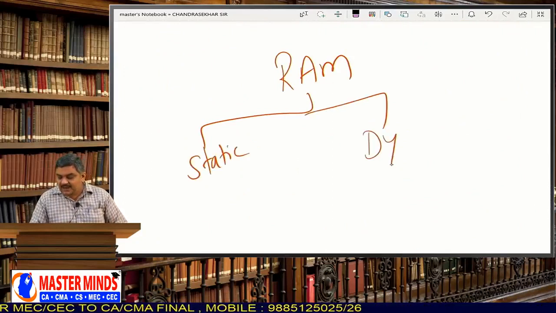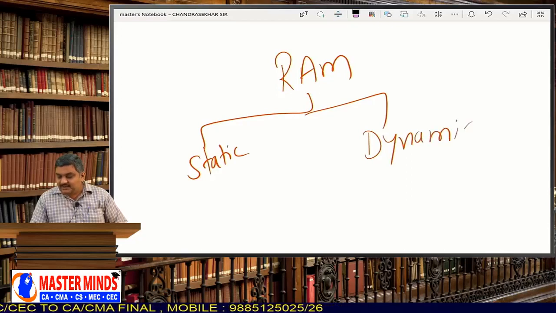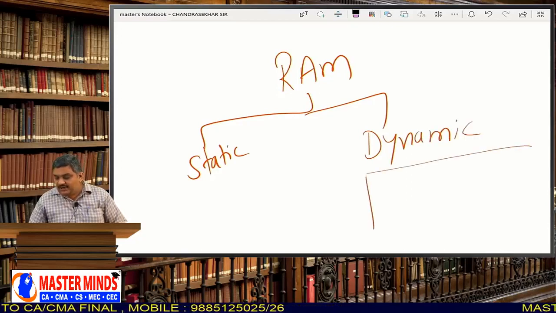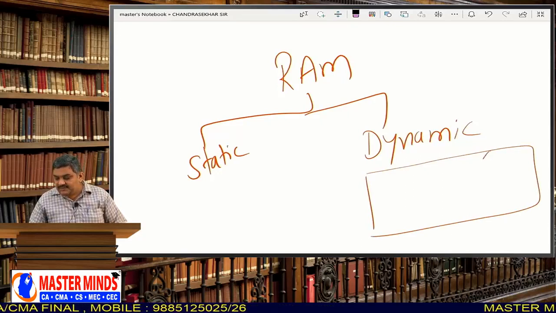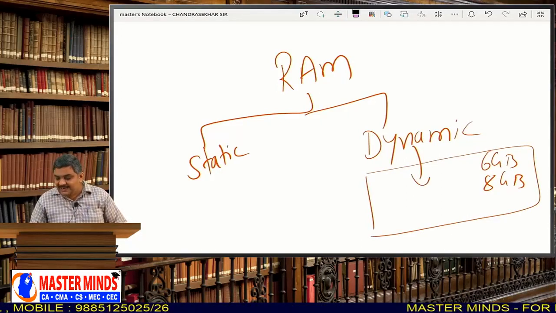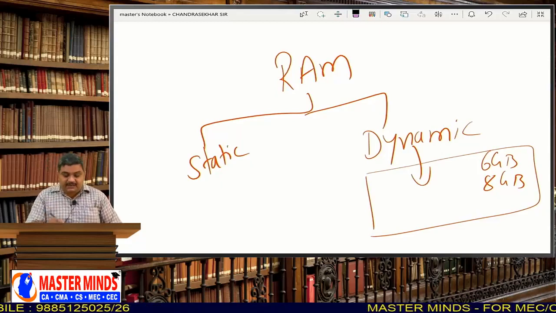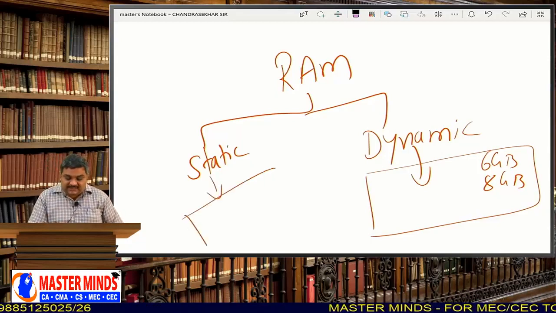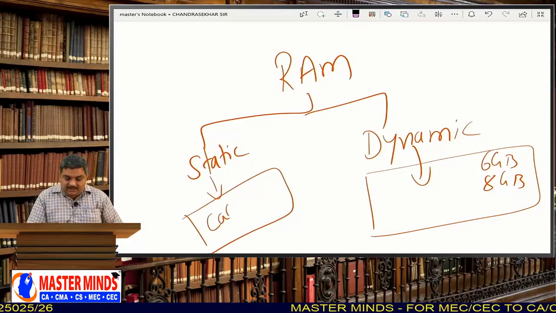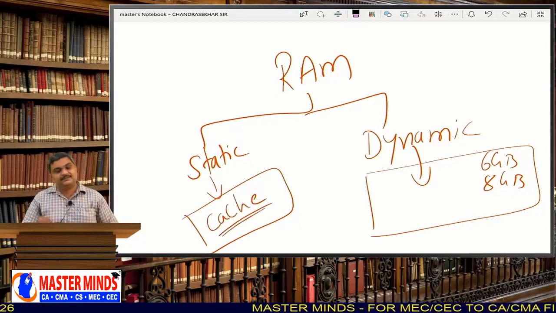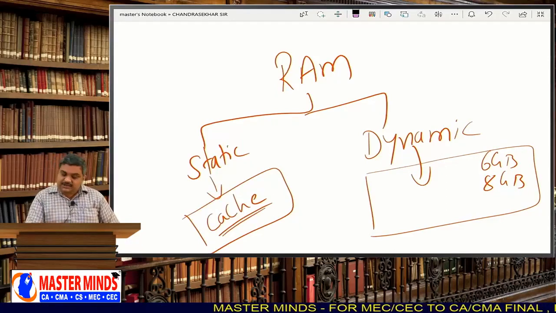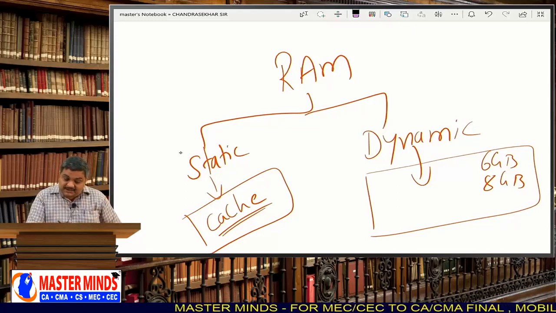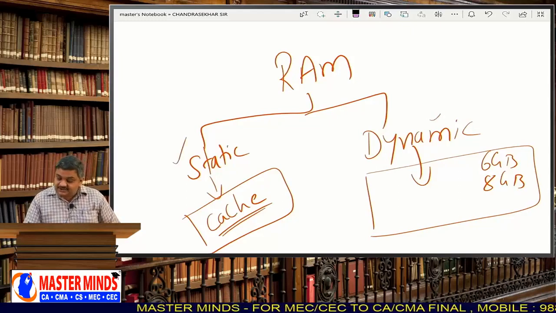Whatever we are generally calling as RAM, that our computer is having 6 GB of RAM or 8 GB of RAM, it is all dynamic category. But in our computer, we also have a static RAM with the name cache memory.